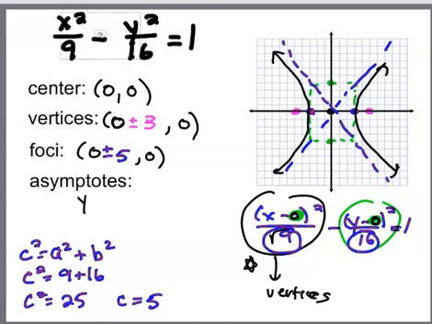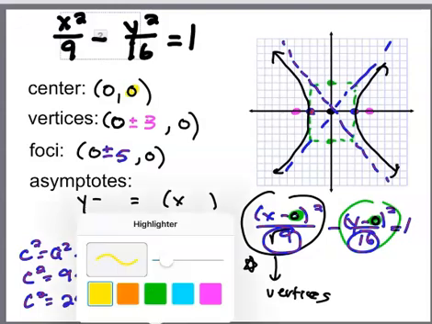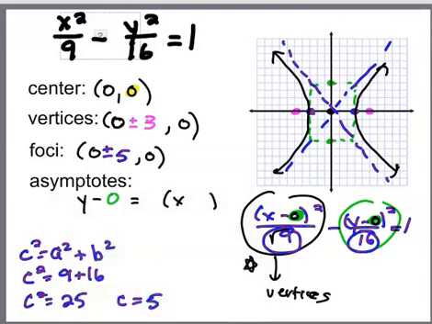For the asymptotes, the y is on the left, and for a regular linear equation, it's always y equals slope x, and that's the same here. So the y comes first. So just remember that after the y, you put the y value, so I'll put a 0 there. After the x, you put the x value. So I'll put the x there.